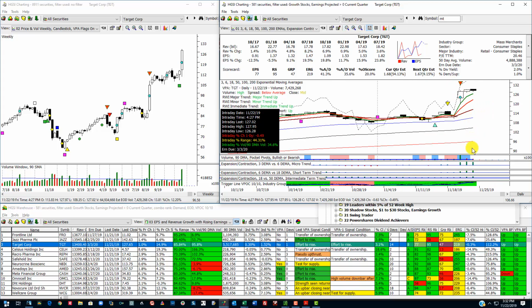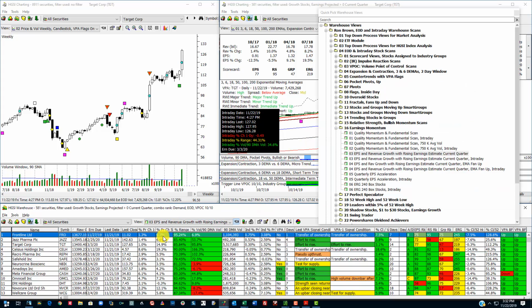I believe that was on Wednesday, and it is continuing to go higher. And let's not use this one because the current quarter estimate could be the estimate that's not in the database yet.